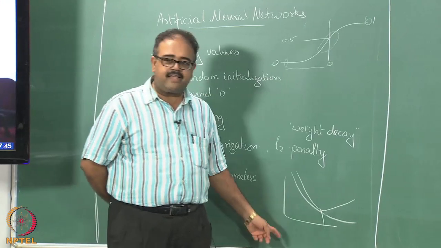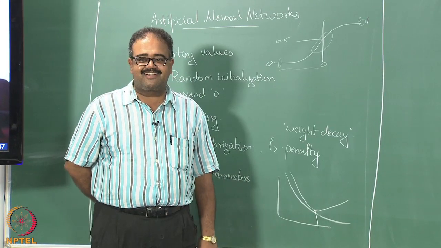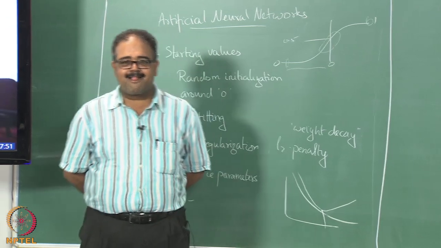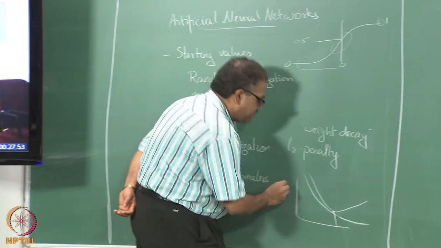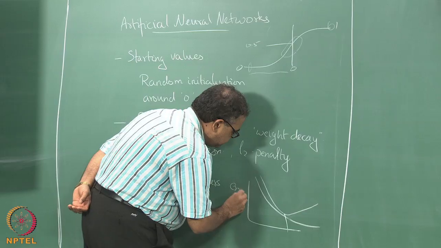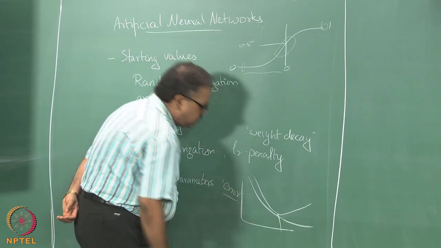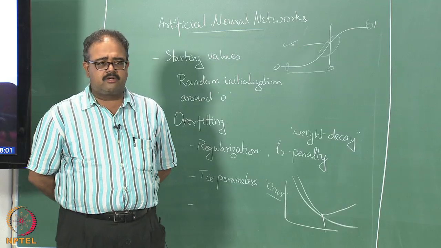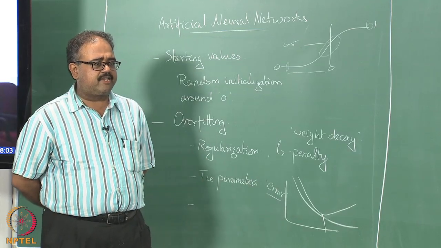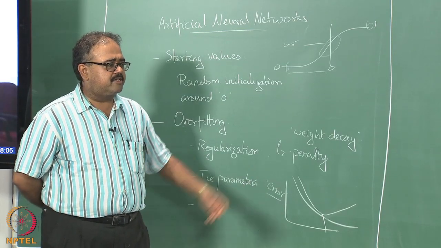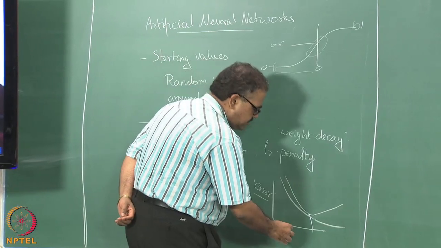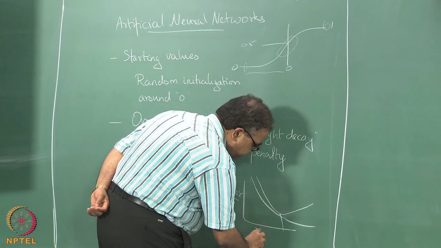Okay, so what is the x-axis and what is the y-axis on this figure? Whatever is your measure of error, it could be misclassification error or whatever. If it's classification, you ideally want misclassification error. If it's regression, it is a prediction error, whatever. And the x-axis is usually iterations.